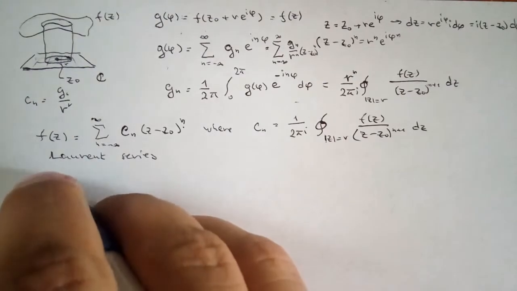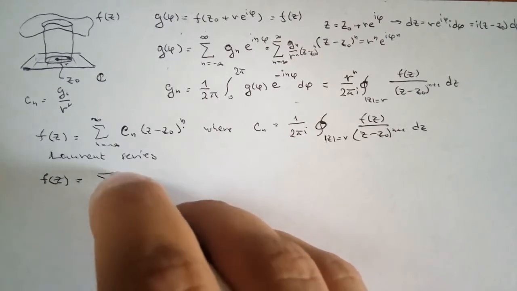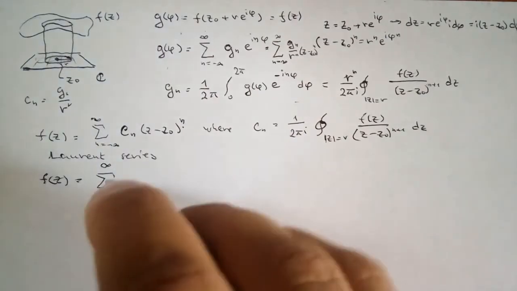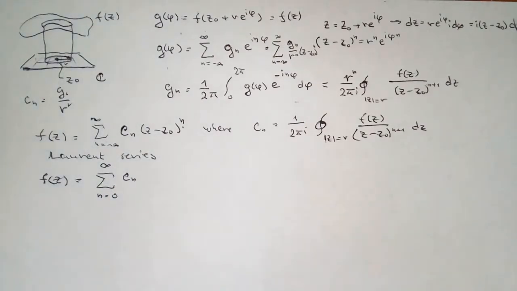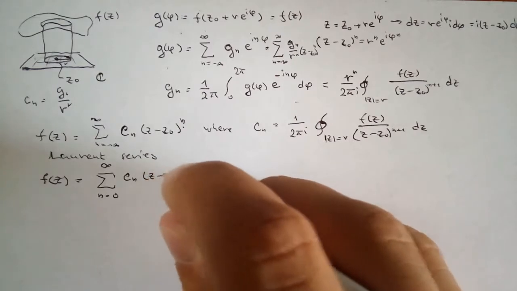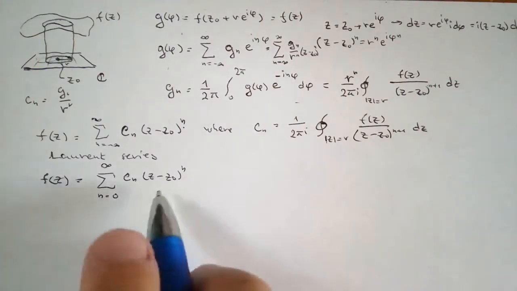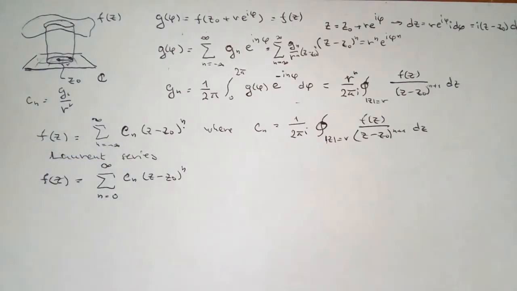The Taylor series is given as this function. This Taylor series is from 0 to infinity instead, and there are some coefficients. I will denote them again with c_n, and this is (z minus z0) to the power of n. For the Taylor series, which looks like this, negative coefficients are 0, clearly from this.